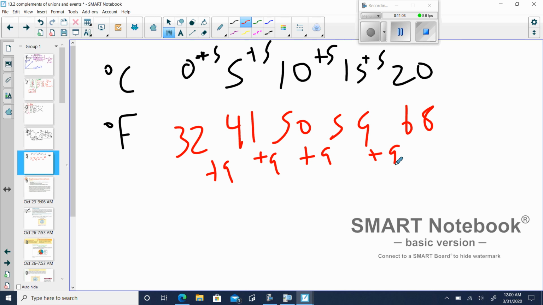Now, what about a constant ratio? So what's happening right here is every time we increase Celsius by 5, we increase Fahrenheit by 9. They said go ahead and check to see if things are going to be consistent. So our B over A is 9 over 5.